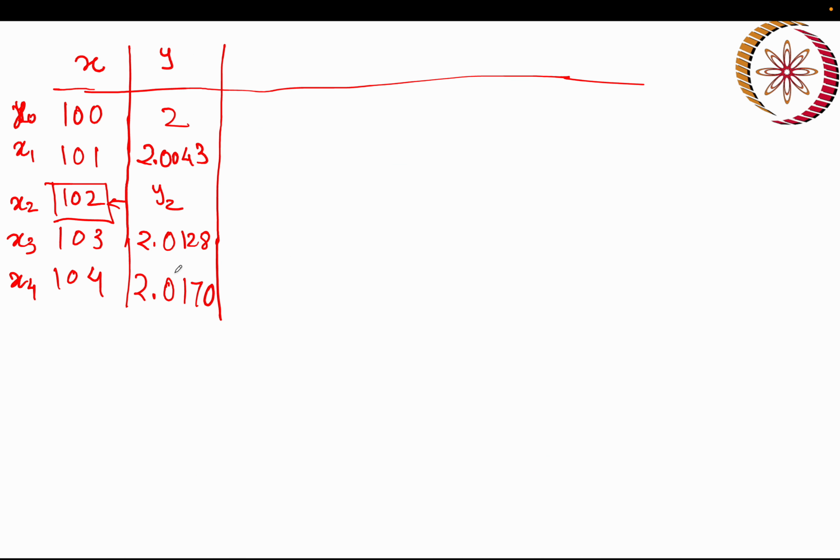Okay, so if you observe this table, there are 4 values given. So if we try to approximate this function y equal to f of x, we can go with a polynomial of maximum order 3 or degree 3.